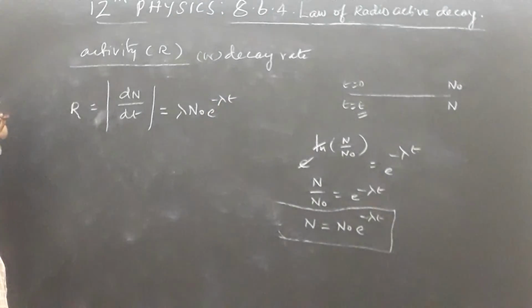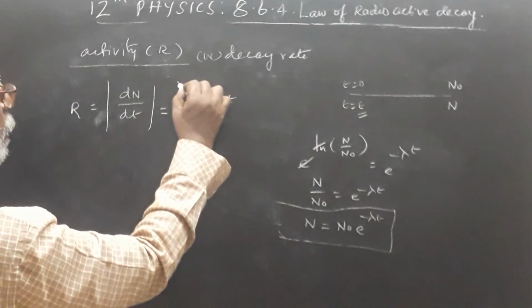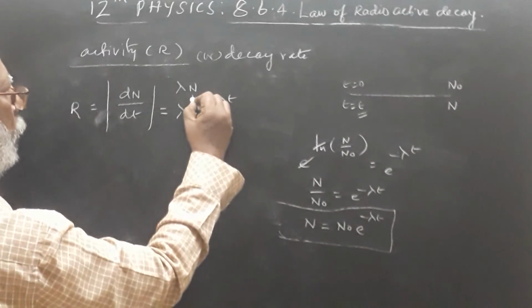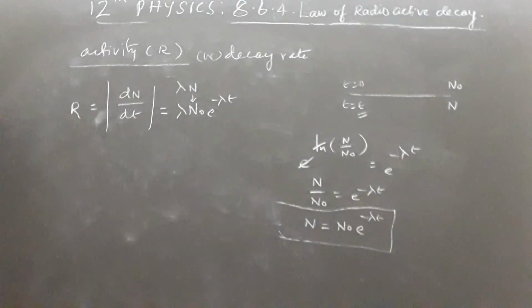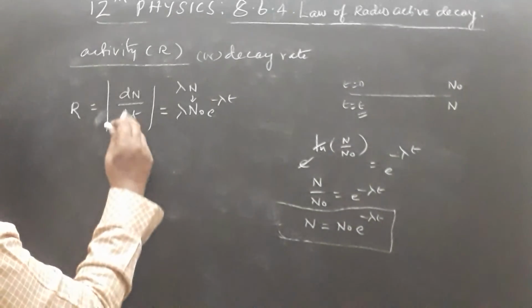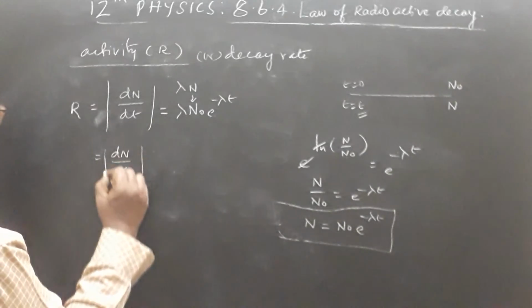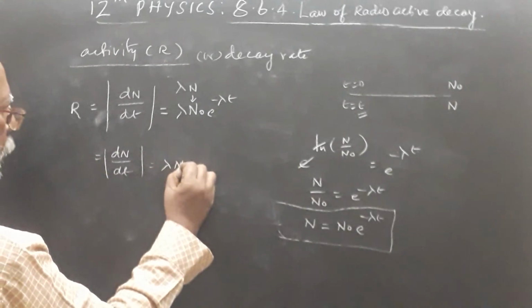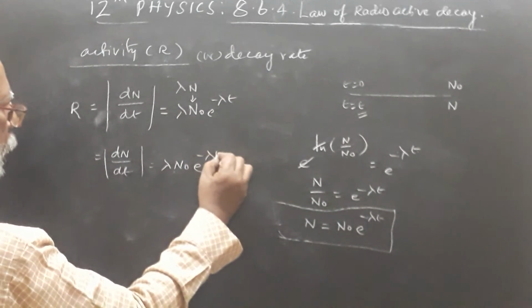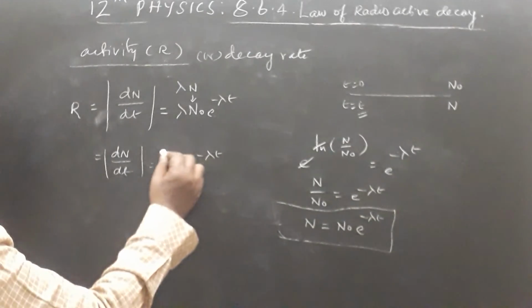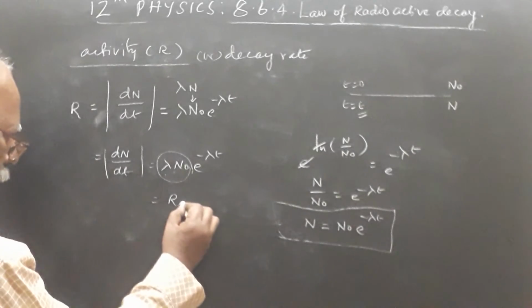We already derived an expression. Or you can say lambda into N is equal to N naught into e power minus lambda t. So I substitute the value of N here, so that the mod of dN by dt is equal to lambda N naught e power minus lambda t. This is the decay rate or activity. Simply, this is a constant called R naught.